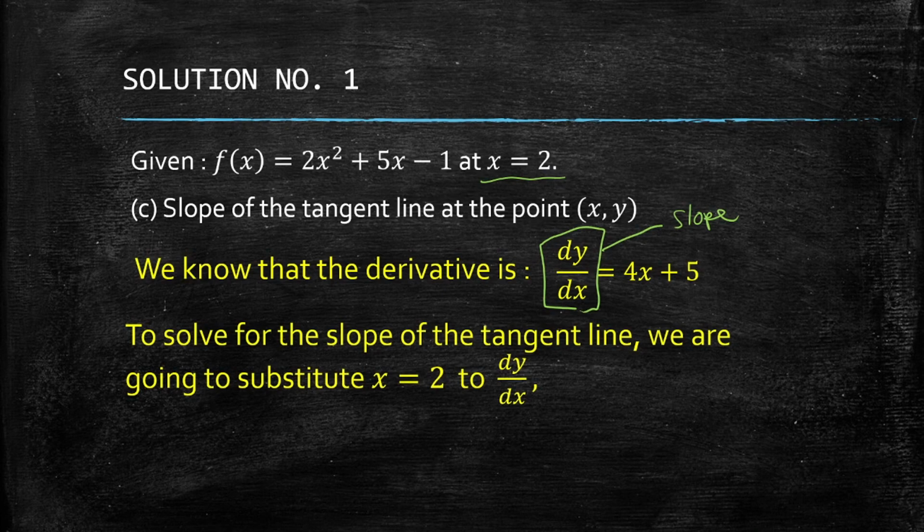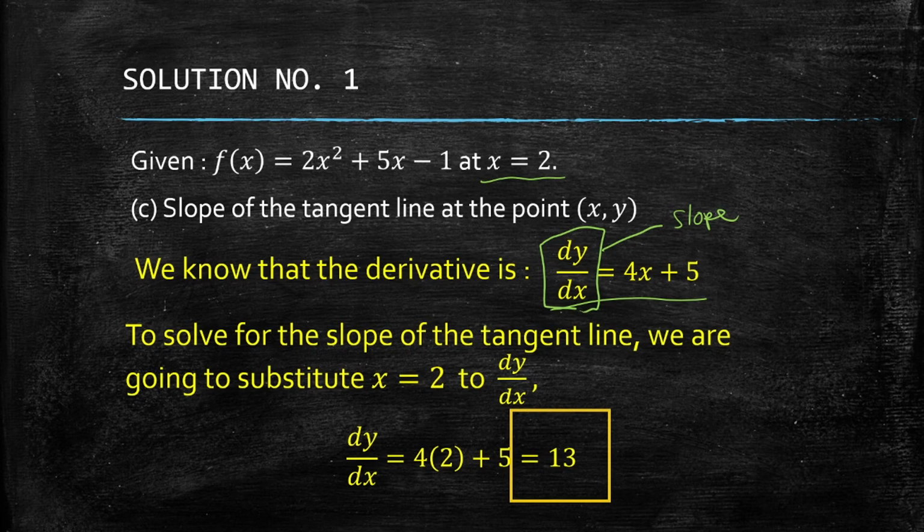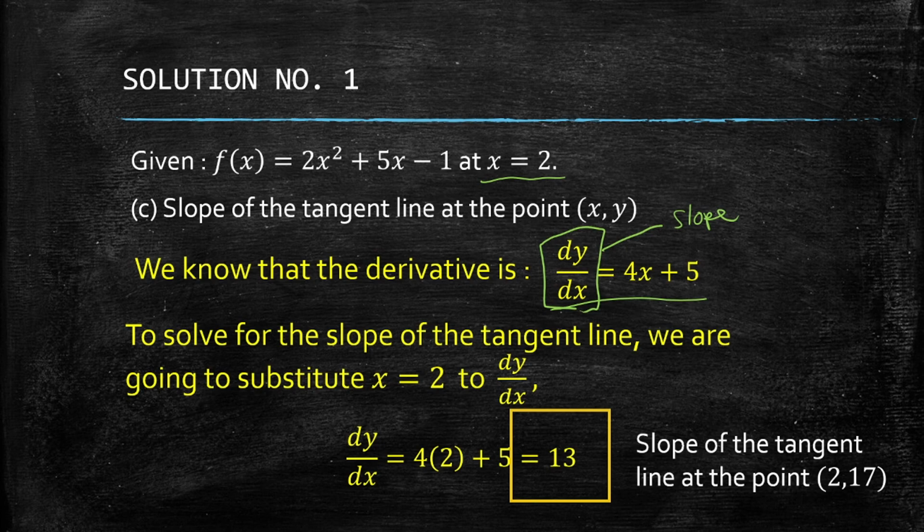So we know that x equals 2, so we will substitute 2 into dy dx, and we'll have 4 times 2 plus 5, which will give us 13. And this is the slope of the tangent line at the point 2, 17.